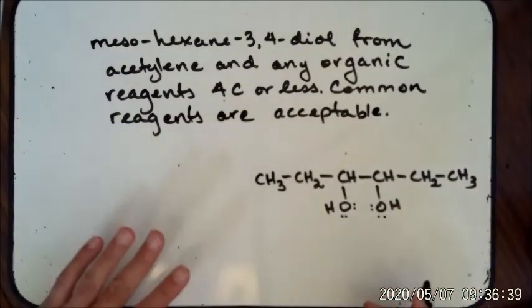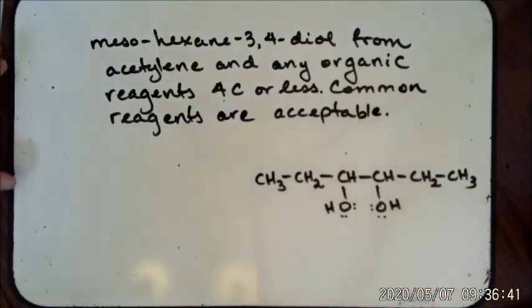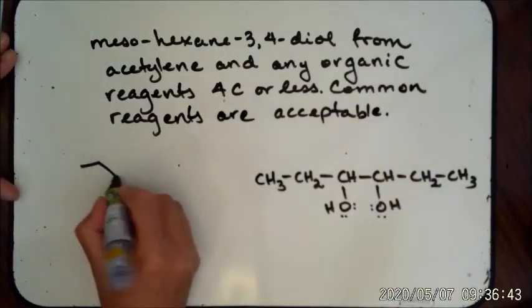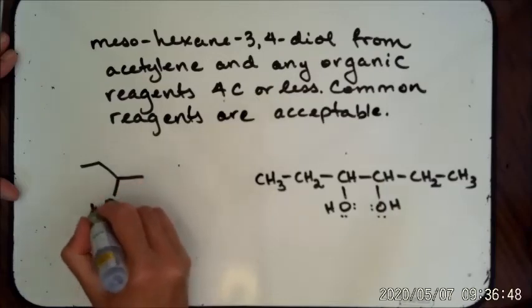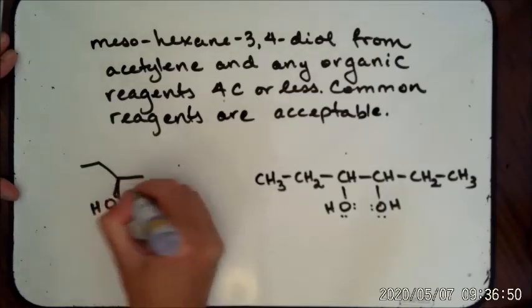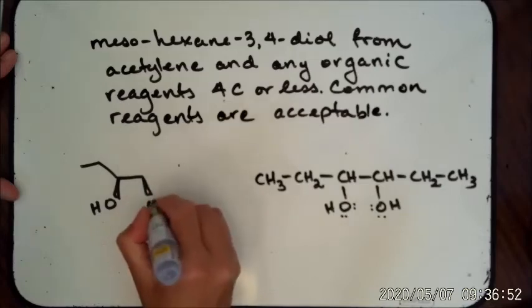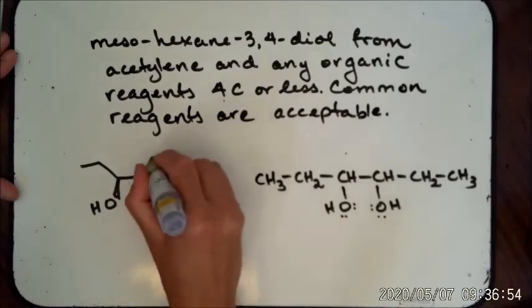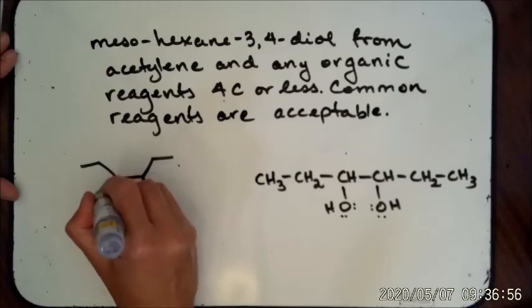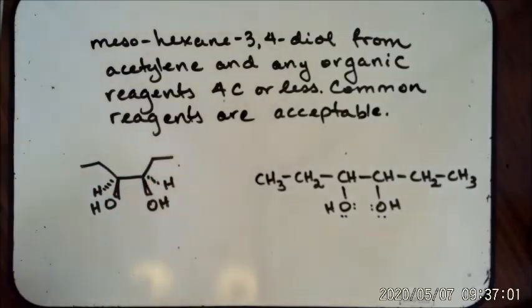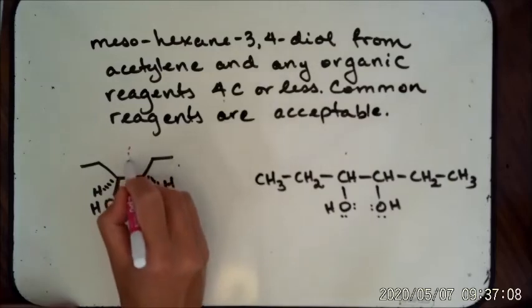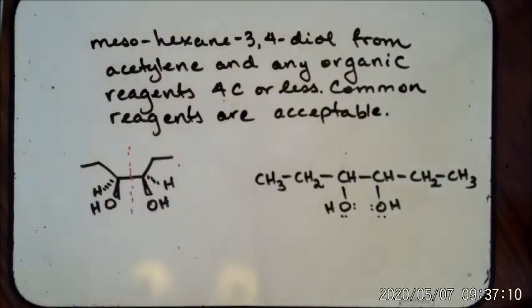So we're talking about the 3,4-diol. But if it's meso, that means that here's my ethyl group, here's my hydroxyl, it has to have an internal mirror plane. So this is your meso compound, and this is what we have to make.